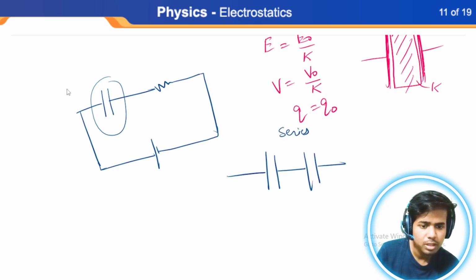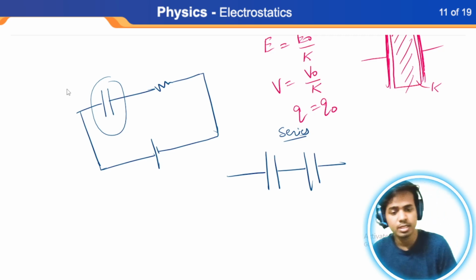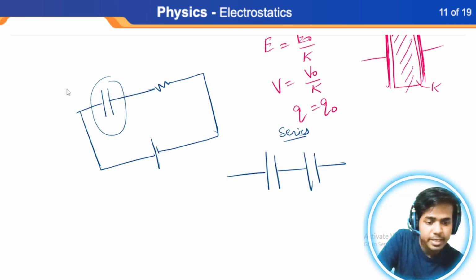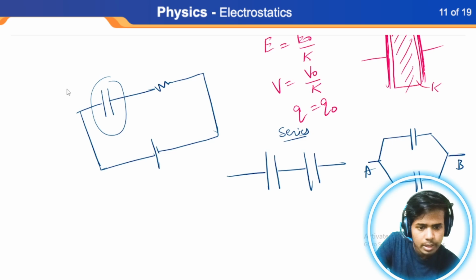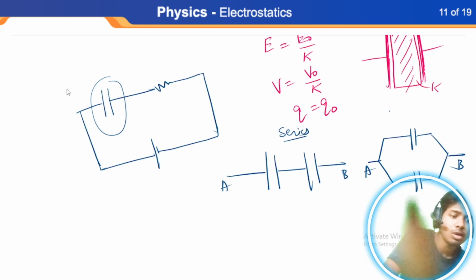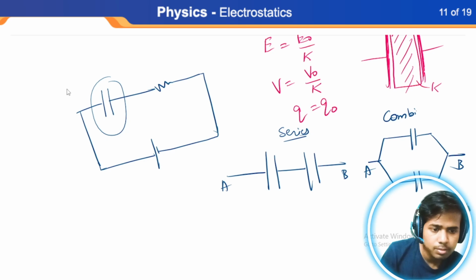Of course, you remember this from your earlier classes in current electricity, that we connect different resistors in series or parallel. So there could be two different cases. This is a series one, and maybe this could be another situation in which, between points A and B, there could be two different combinations of capacitors, parallel.